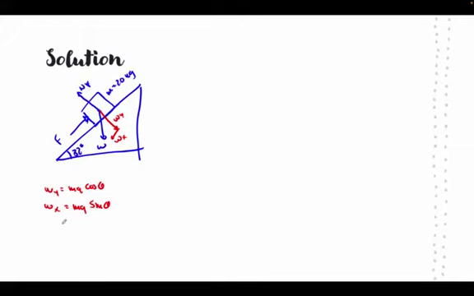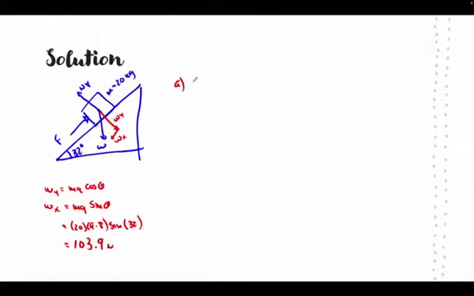Which means that Wx is going to be equal to 20 times 9.8 times sine of 32, and this is equal to 103.9.